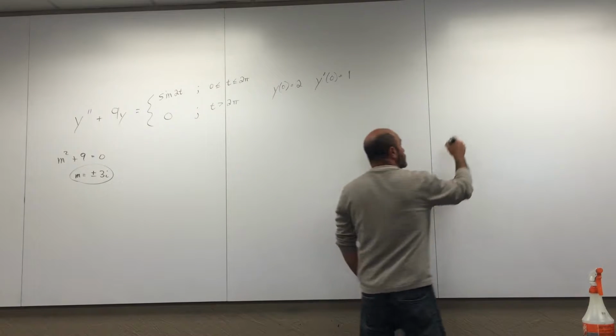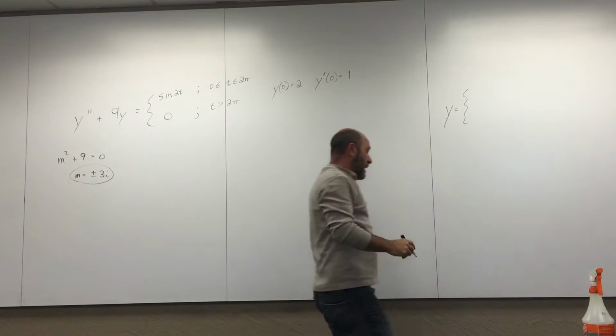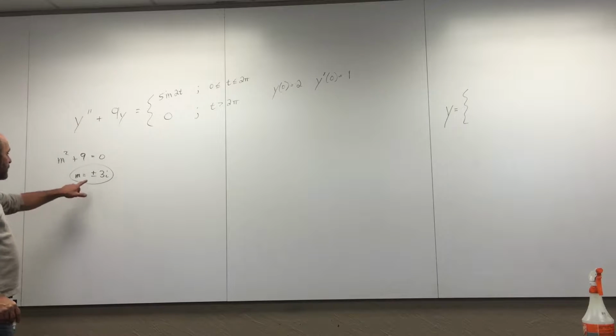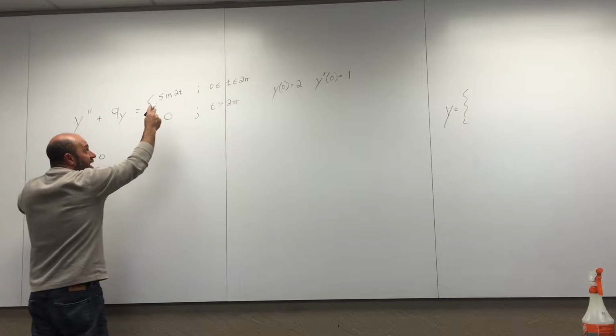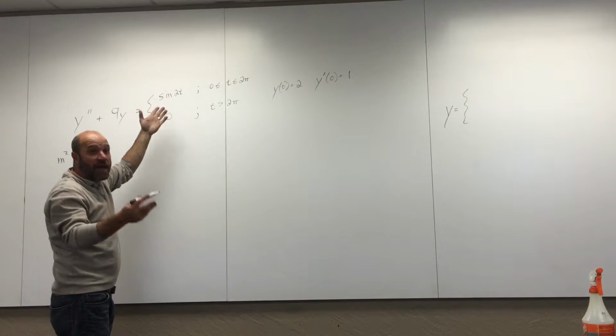I'm going to go here. My answer is going to be over here. So with a 3i, hang on, I got to get organized. So for the top half of this problem, the answer is a yc plus a yp, right, you guys? Yep. And guess what the yc is?